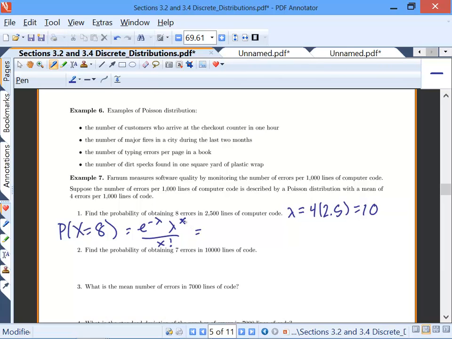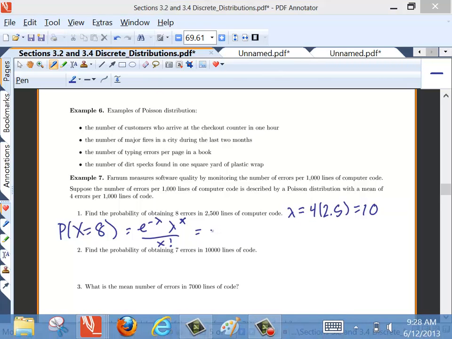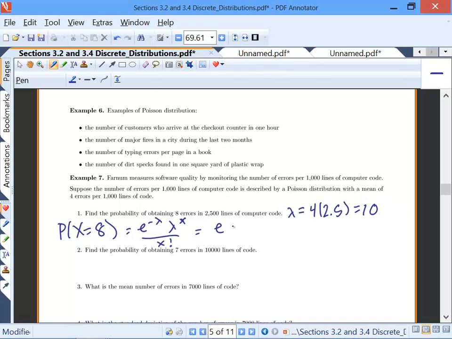Lambda is 10, so it's e to the negative 10 times 10 to the power of 8 over 8 factorial. That gives .1125.